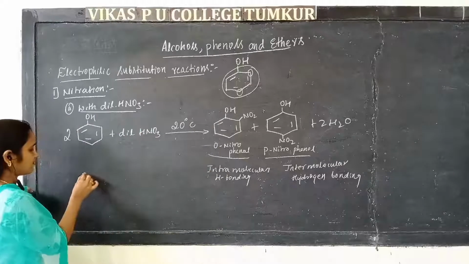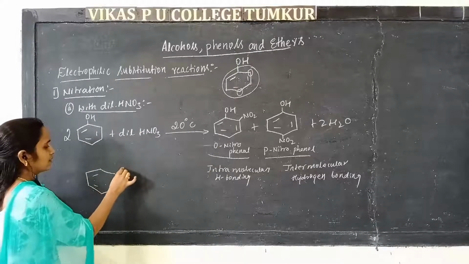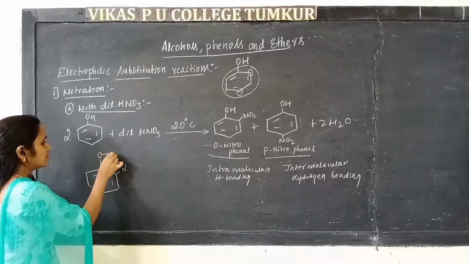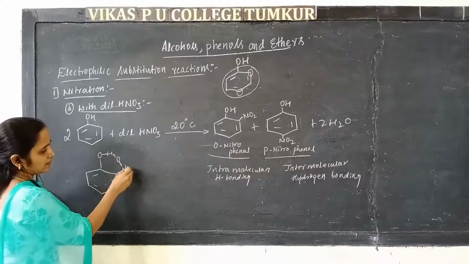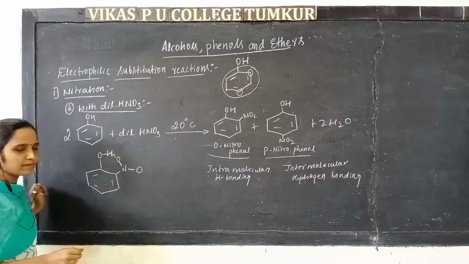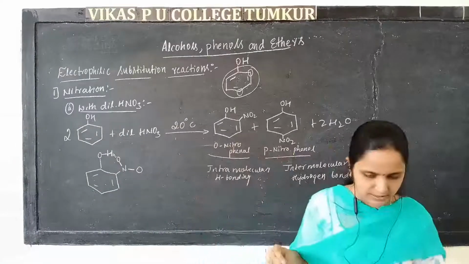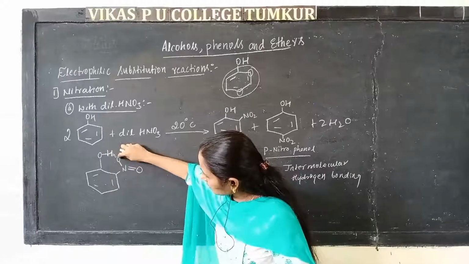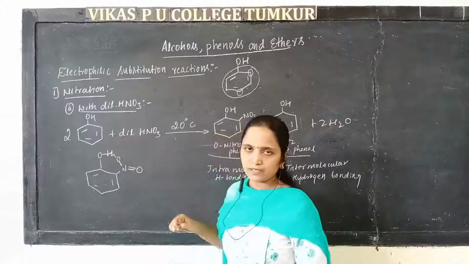How does the intramolecular bond form? If you take ortho-nitrophenol, with NO2 and then OH, a bond is formed between the hydrogen of the OH and the oxygen of the nitro group within the same molecule.